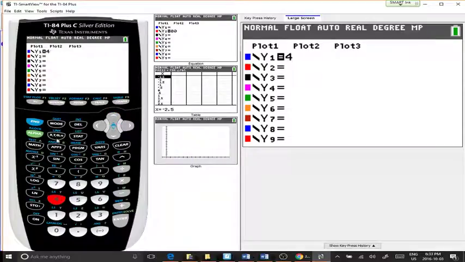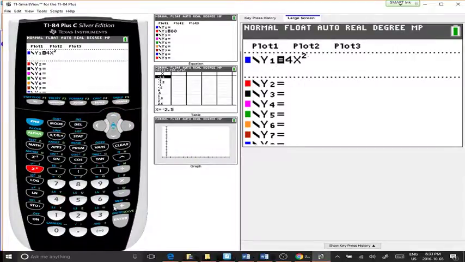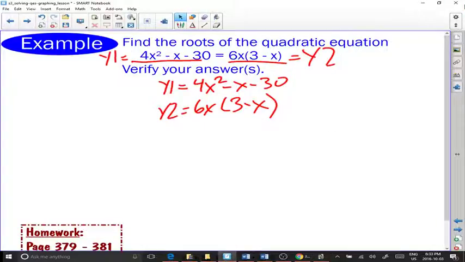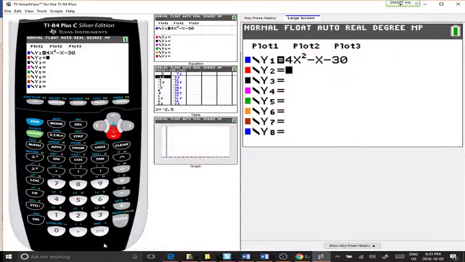So there's my 4x squared minus x minus 30. My y2, I forget what it is, I have to check again. 6x times 3 minus x. Don't have to simplify it, just write it exactly how it appears. So those are our 2 equations.